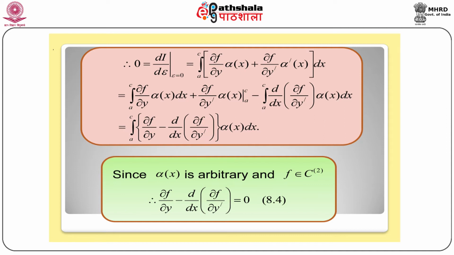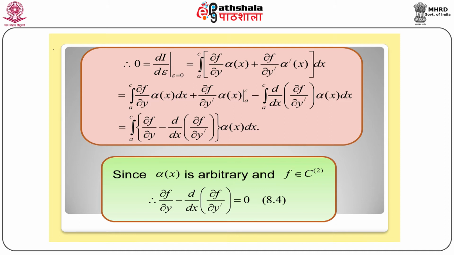Here we have integrated this portion by using integration by parts. Integrating this by using integration by parts, we get these two terms. First term is kept as it is. So, from these two terms we get these three terms.